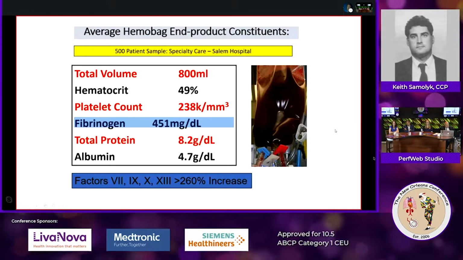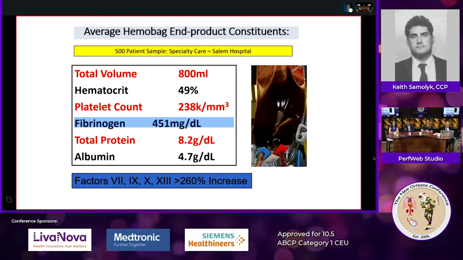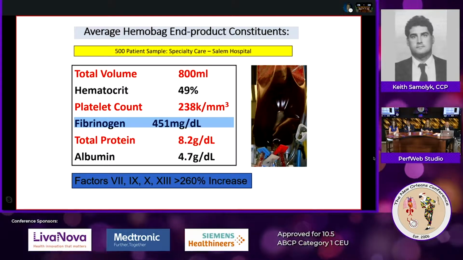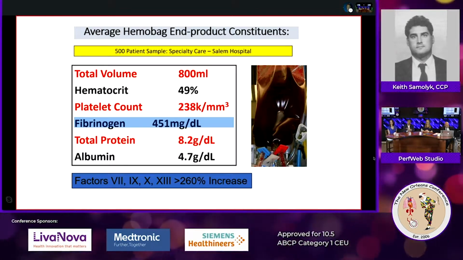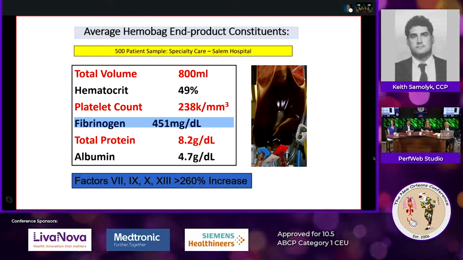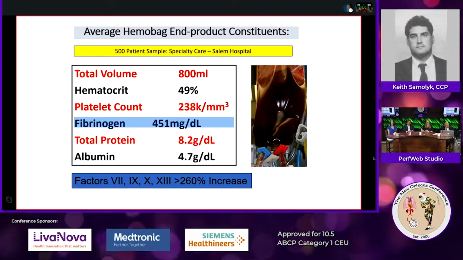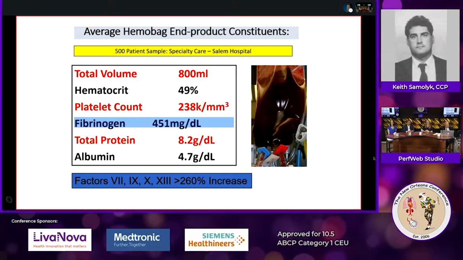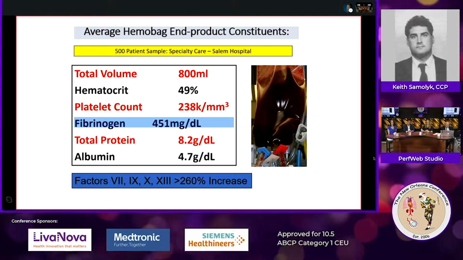So here's what you can count on when you concentrate blood with a Hema Bag. You're going to get the same results almost every time, meaning a crit of about 50. So this was 500 patients done by a program out in Oregon, Salem Hospital, Specialty Care. The average they gave back was 800 mLs of 49 crit blood with a platelet count of 238 and an amazing fibrinogen count of 451 on average.